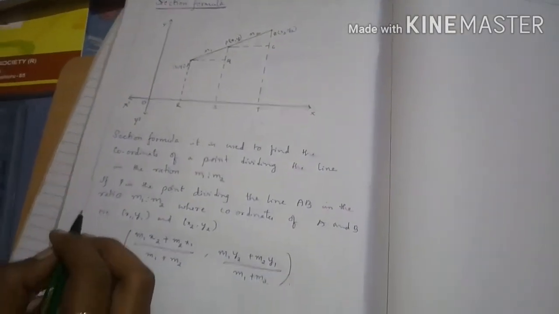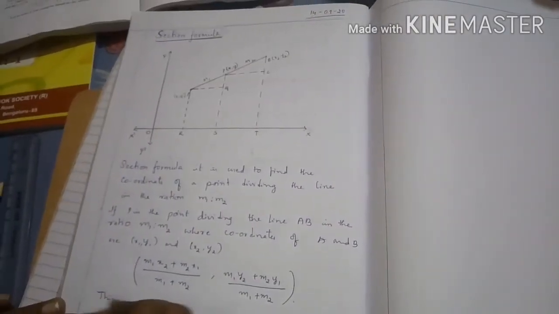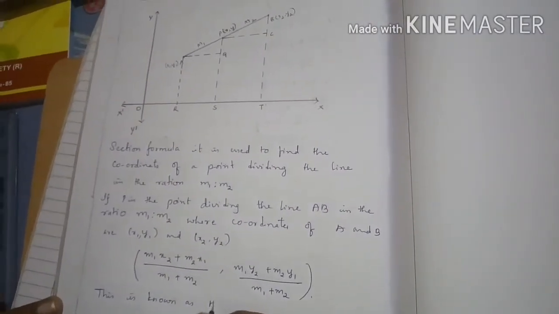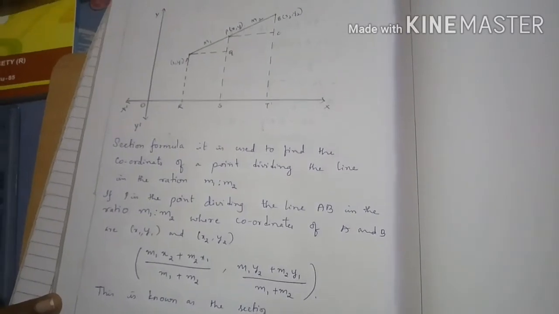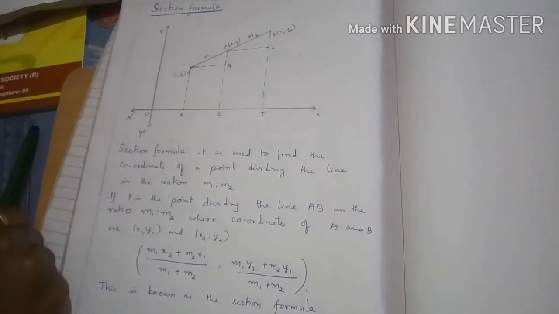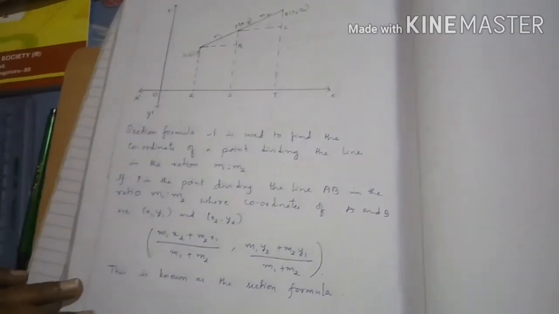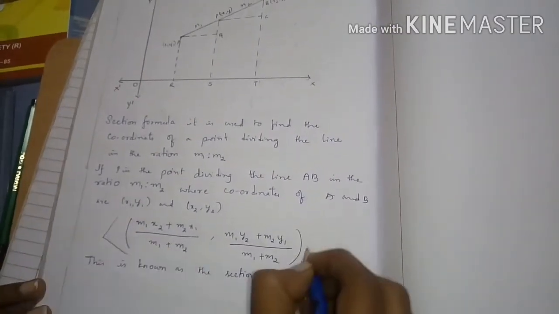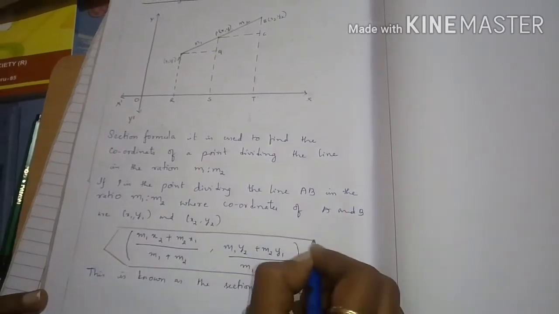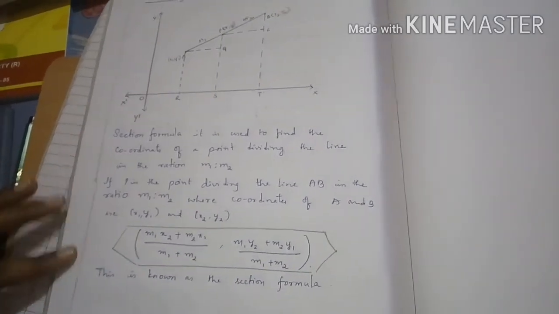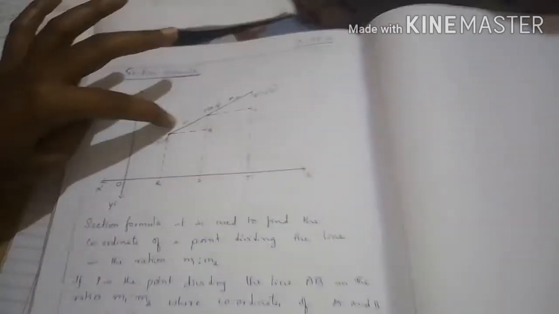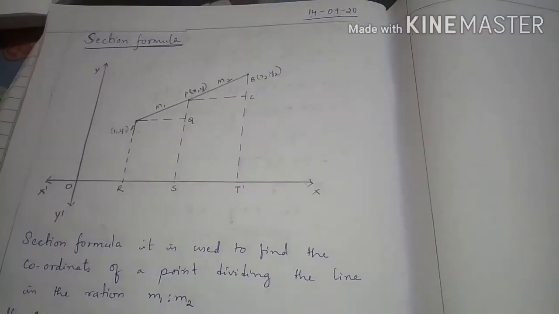This is known as the section formula. This is the formula to find the coordinates of the point dividing the line between the two points in the ratio m1 is to m2.